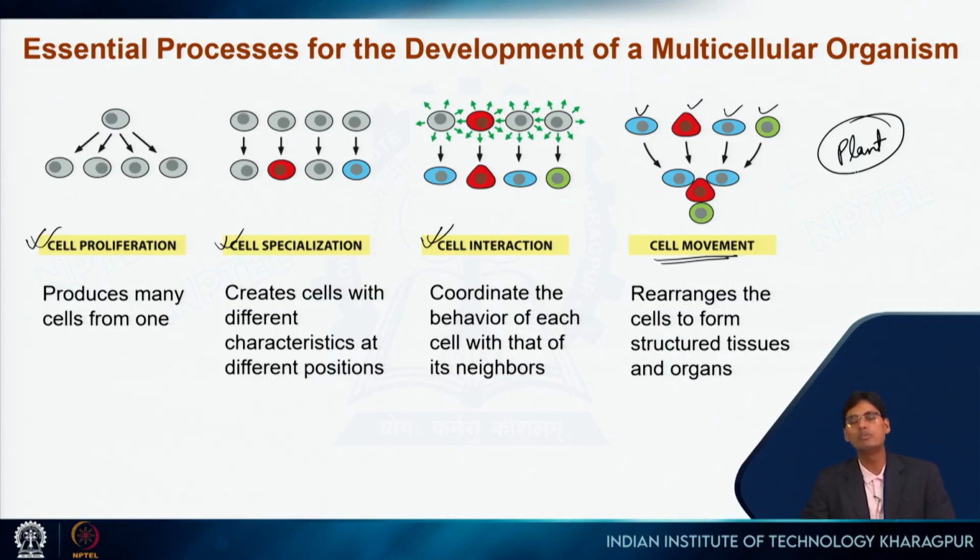They cannot freely move here and there. So as a result, this is a major difference between cell movement in animal development as well as plant development. So these are the 4 important prerequisites for the development of a multicellular organism.